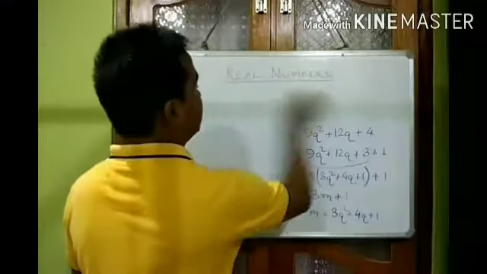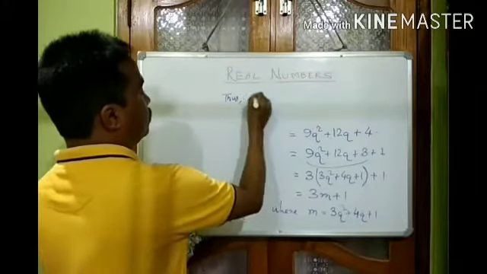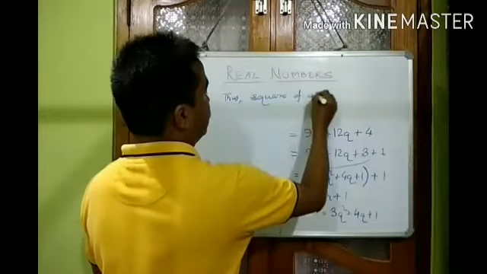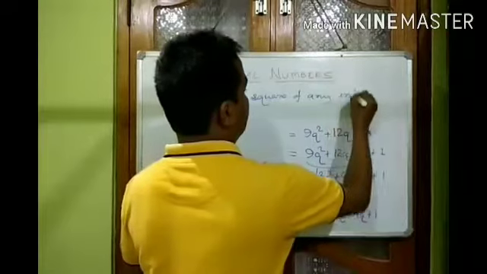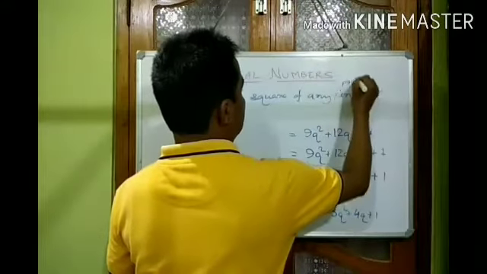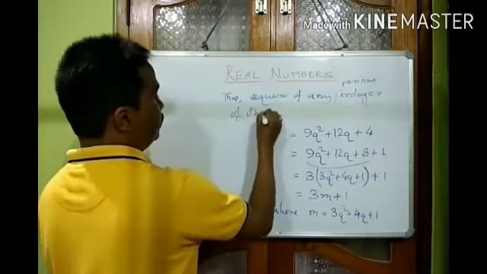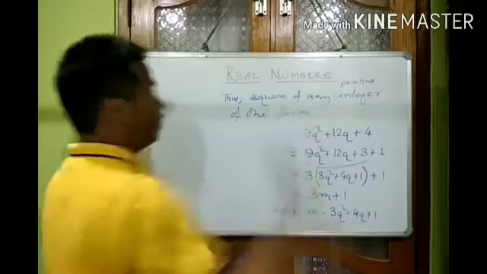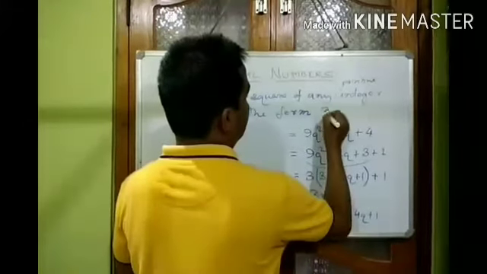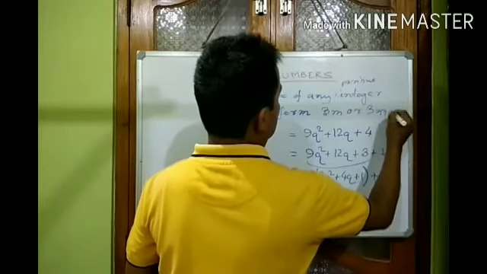Thus the square of any positive integer is of the form 3m or 3m plus 1. Hence proved.